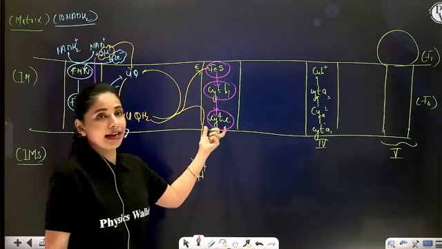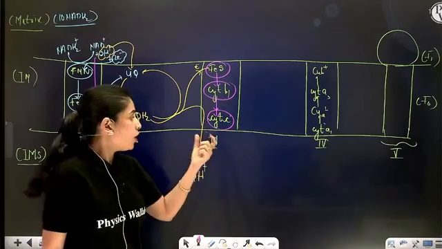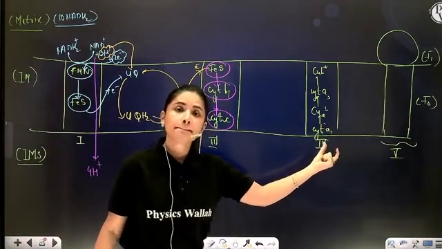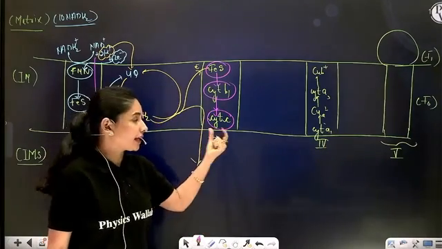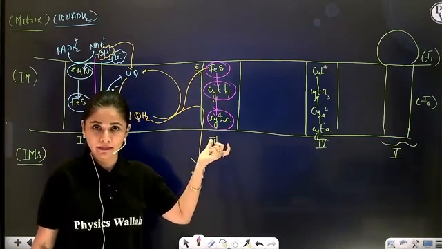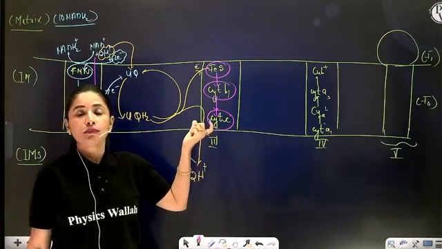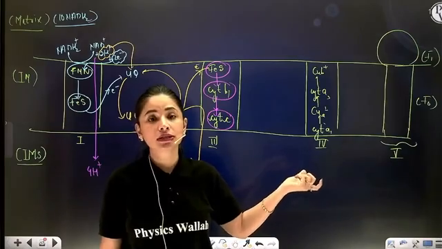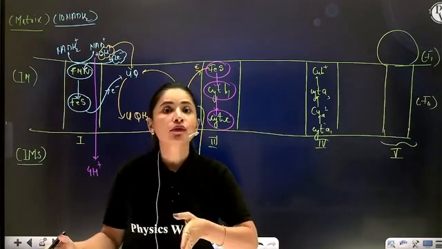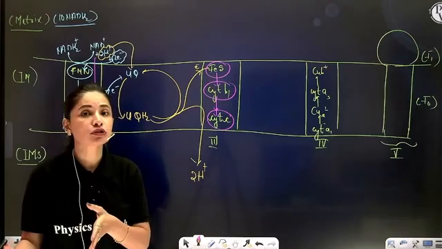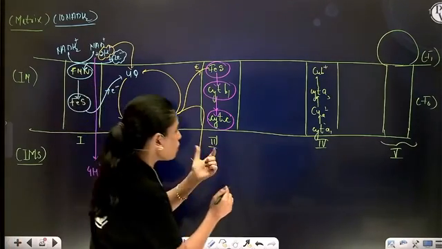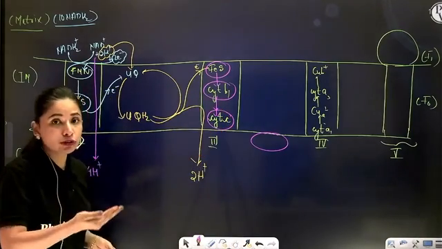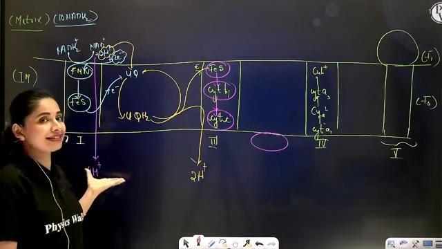Now this electron from cytochrome C of complex 3 has to be passed to complex 4, but they cannot do it directly. There is one more mobile electron carrier, attached towards the outer side of the inner membrane, called cytochrome C, a small protein moiety facing the IMS.